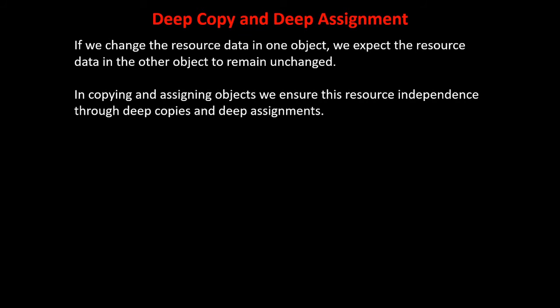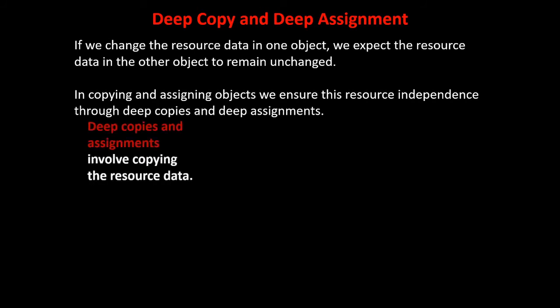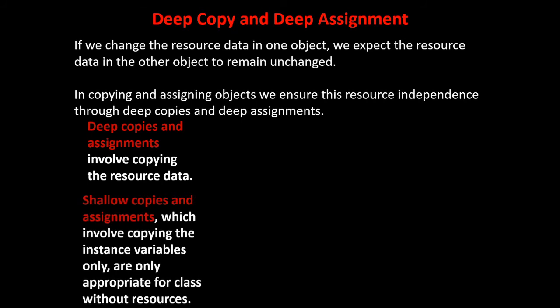In copying and assigning objects, we ensure this resource independence through deep copies and deep assignments. Deep copies and assignments involve copying the resource data. Shallow copies and assignments, which involve copying the instance variables only, are only appropriate for classes without resources.